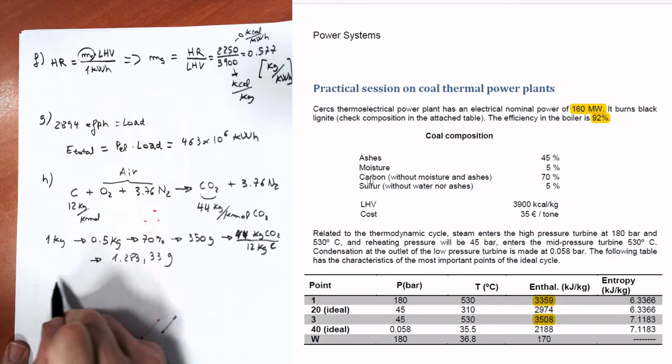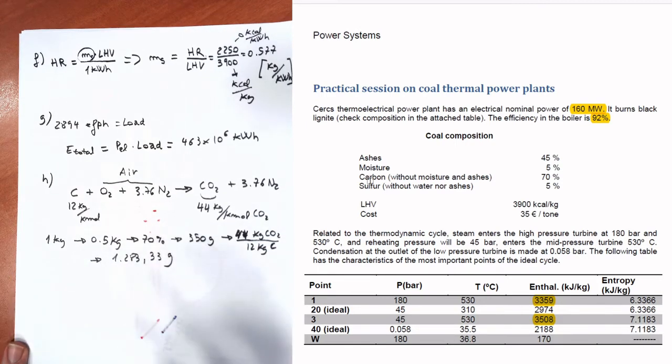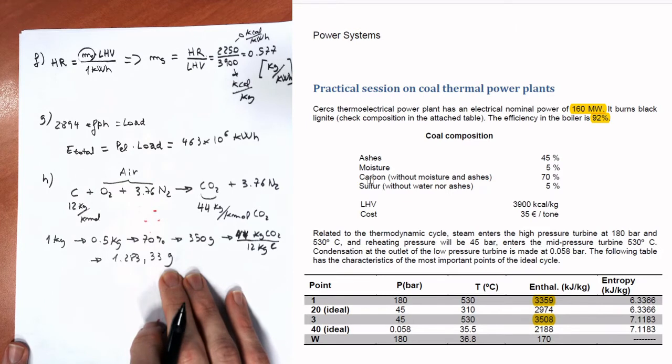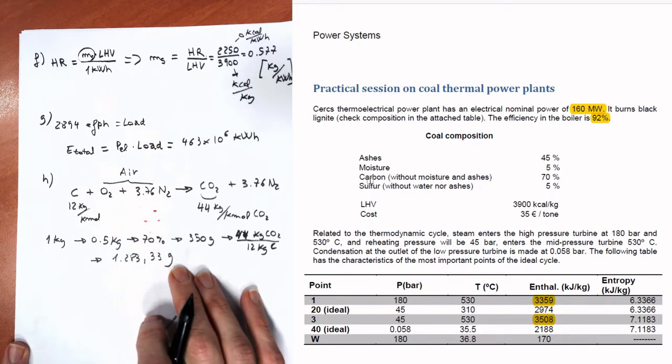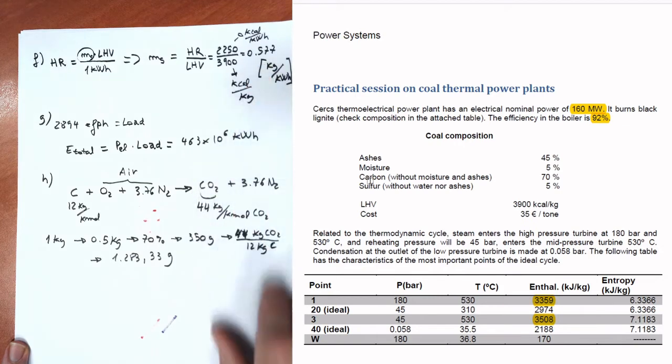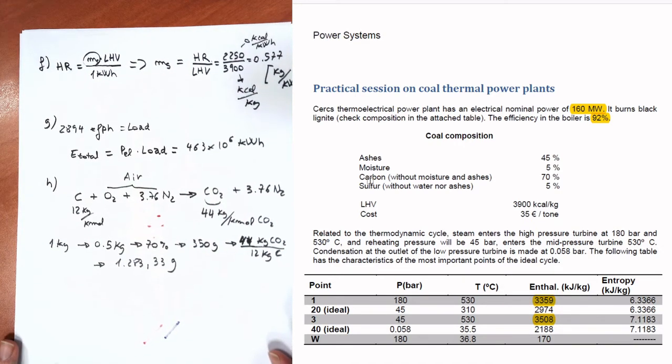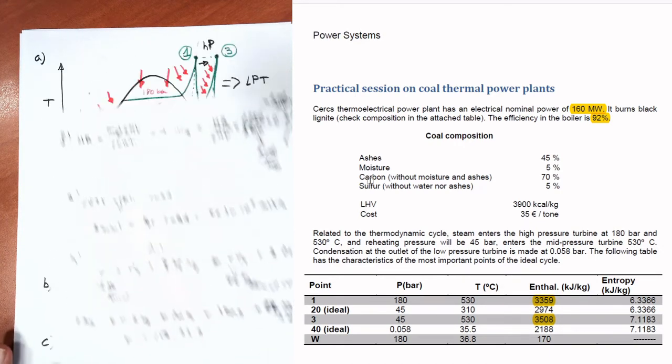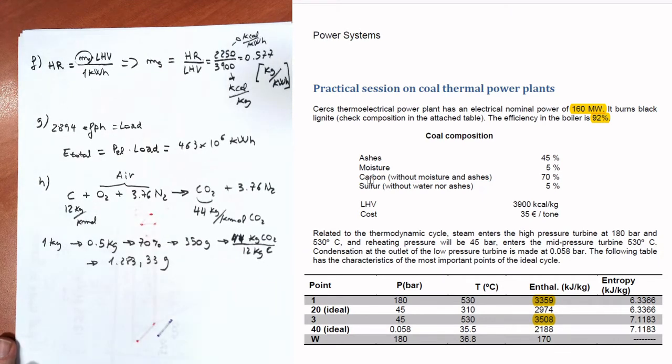Okay, but it asks us for the specific emissions. They want kilos or grams per each kilowatt hour produced. From the previous exercise, where we calculated the specific mass. Where was that?